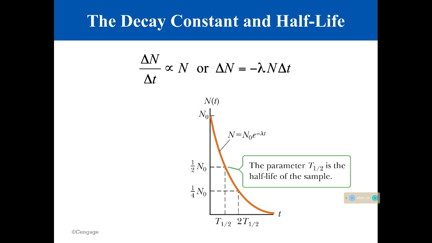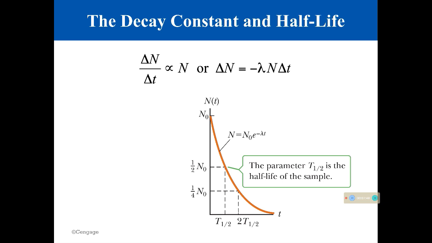Also, in this particular case, what that first equation says is the change in number of particles over time is directly proportional to how many particles there are. So the more particles there are, essentially, the faster it should decay. Does that make sense? Okay.